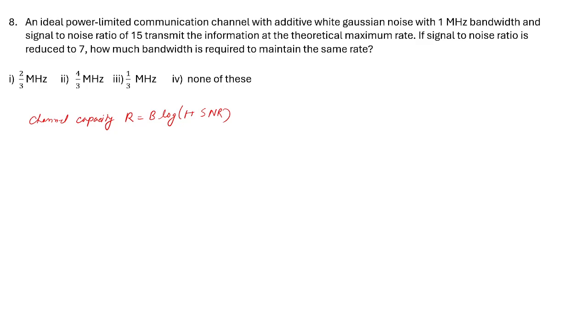So this is the channel capacity expression. The earlier value of SNR is 15, now it is reduced to 7. So how much bandwidth is required to maintain the same rate? Intuitively you can see from the expression itself that if the SNR value is reduced, you must increase this B, which corresponds to the bandwidth of the channel.